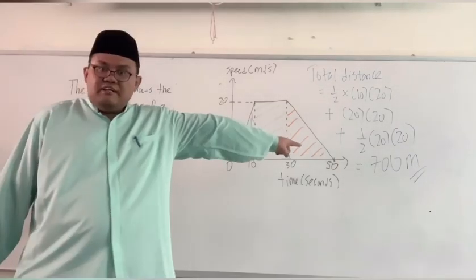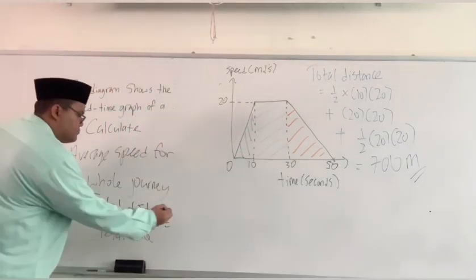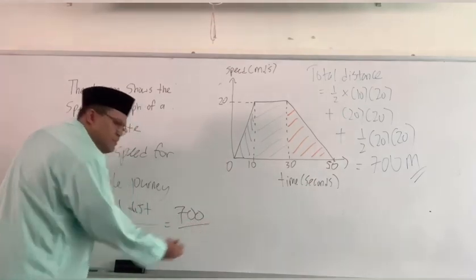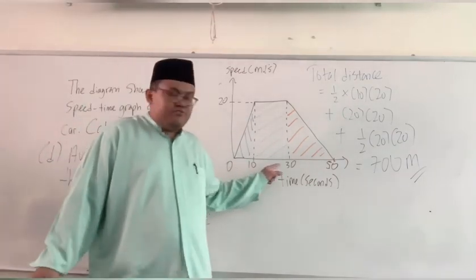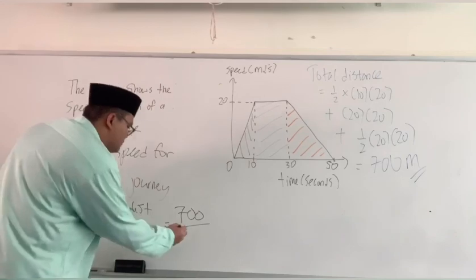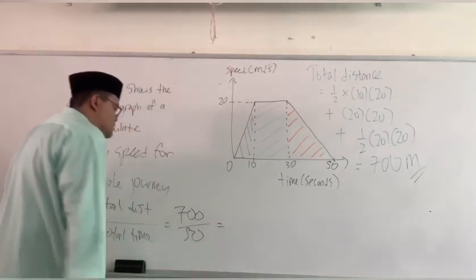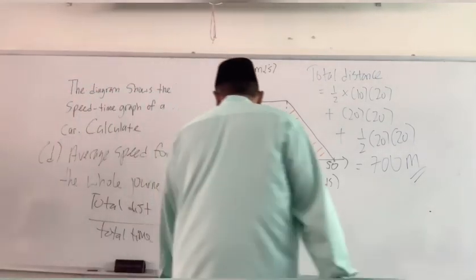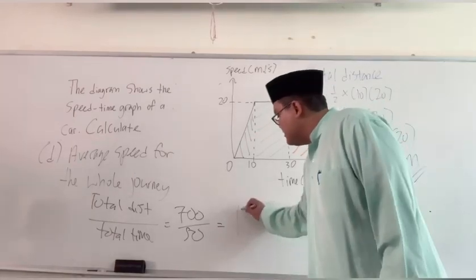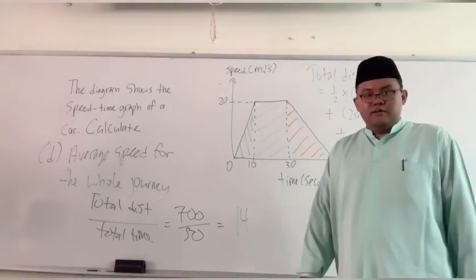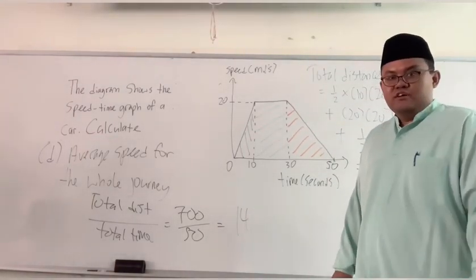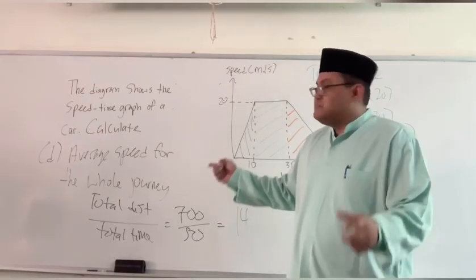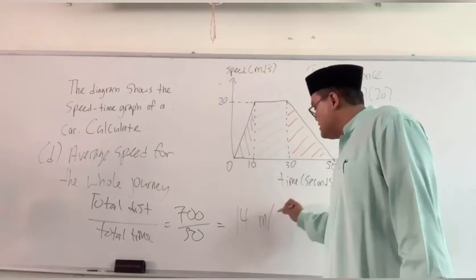Yes, we just calculated it, 700. What is the total time? Look at the x-axis, 50. And the answer is simply 14. Okay? Do not forget units. 14, we're talking about speed. So, meters per second.